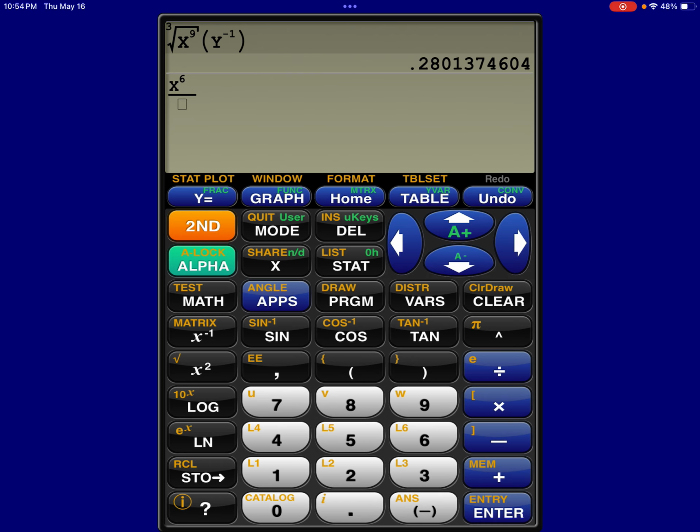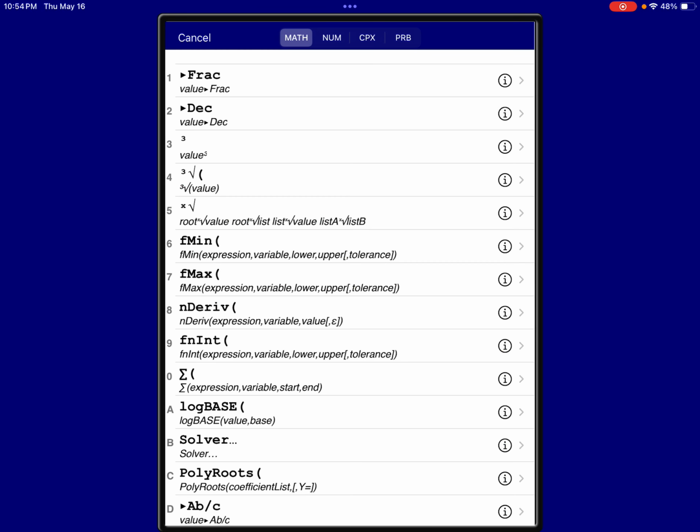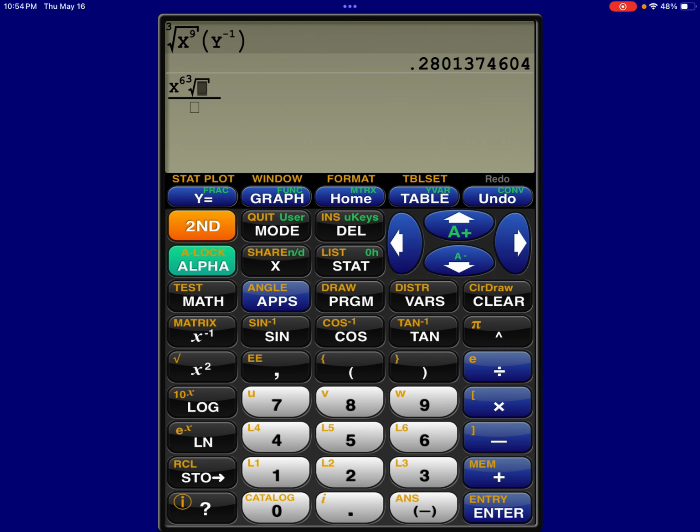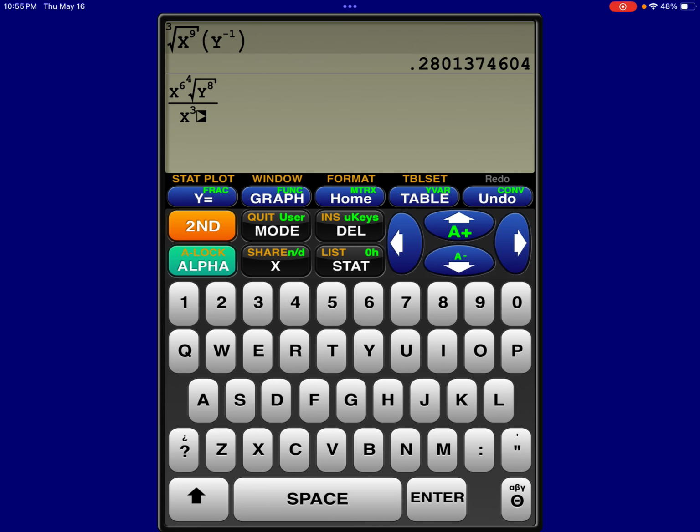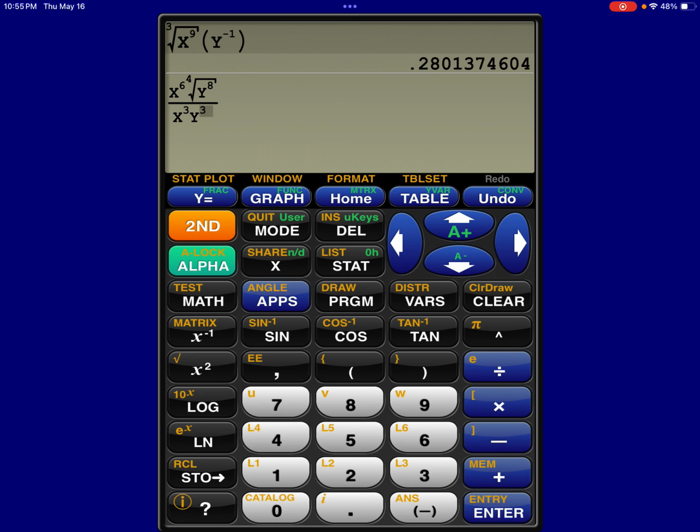And I've noticed that that kind of does the same thing. So what I like to do is when I press math, I like to hit the cubed root, and then I like to go back and just go over it. So now it's kind of separate. There is my y to the 8th power, and now I have x to the 3rd and y to the 3rd.